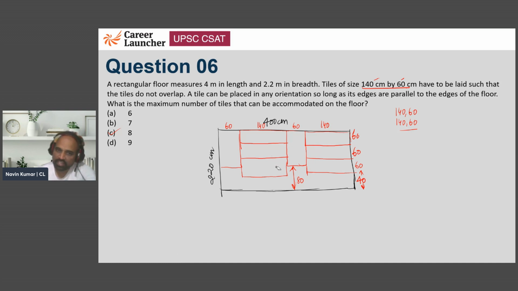Why does it feel like we can adjust 9? 120 and then we need 100. Okay. How about I place 60, 60, 60. So that would be 6.